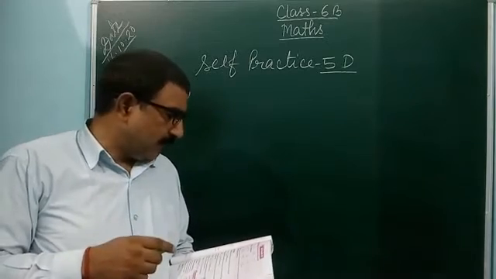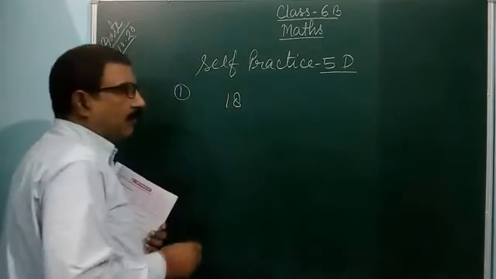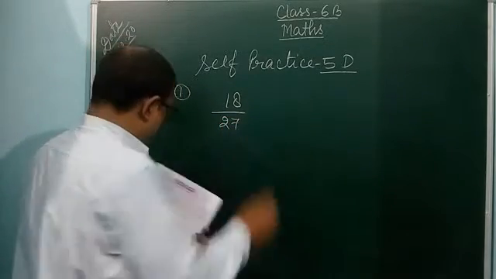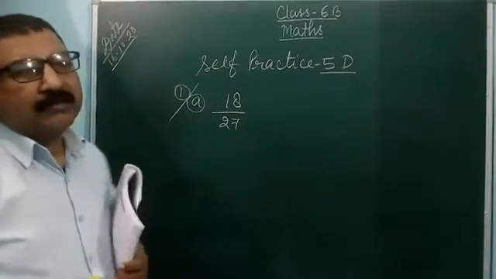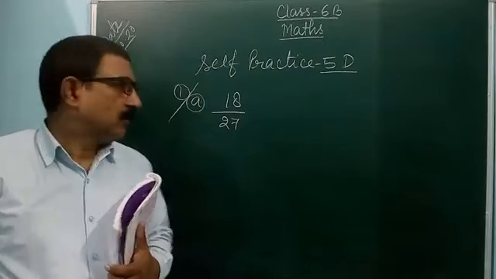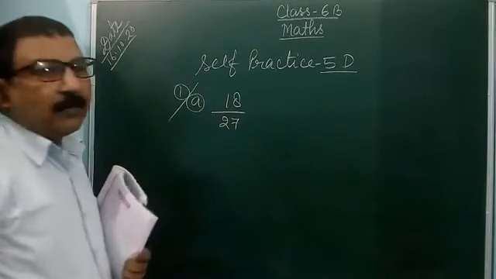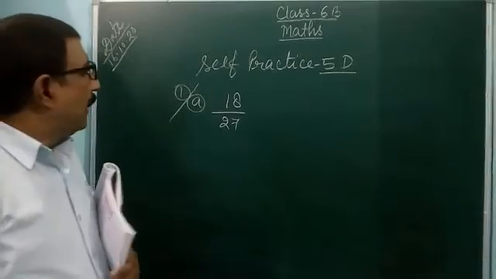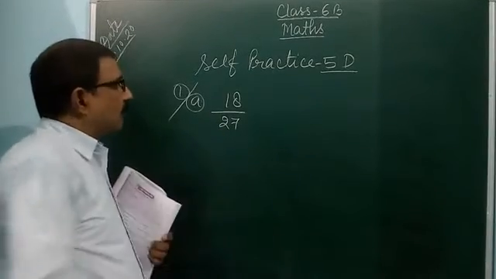But you can see here 18 is not a prime number, and 18 by 27. First question A, you see 18 by 27 is given, in the lowest form or not. So you can see 18 is a multiple of 3, 27 is a multiple of 3, and 18 is also a multiple of 9, and 27 is also a multiple of 9.